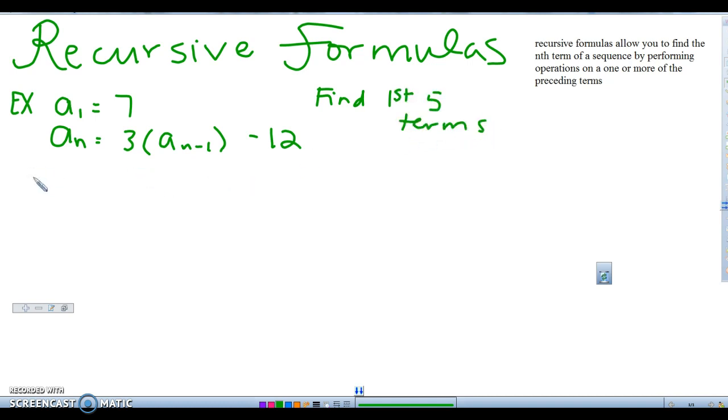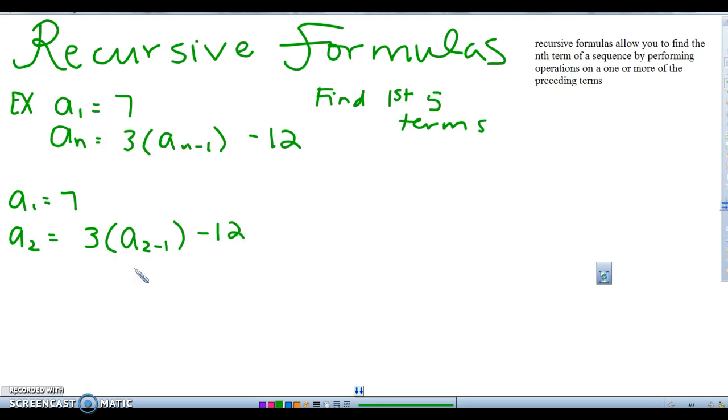So I already know what a sub 1 is. That's my first term, right? And I know that that is 7. So the next part of this really is to find a sub 2. And I know a sub 2 will be 3 times a sub n minus 1, minus 12. What does that mean? Well, n is 2 here, so that's a sub 2 minus 1, minus 12.